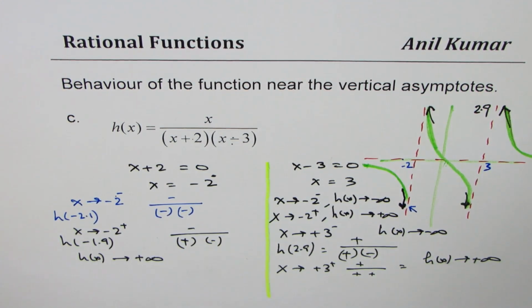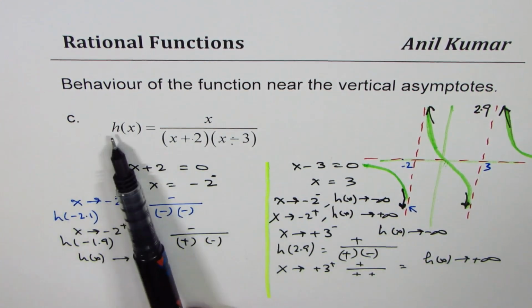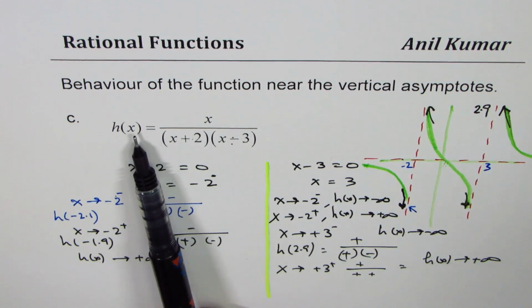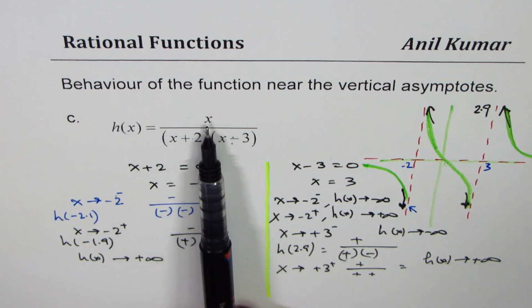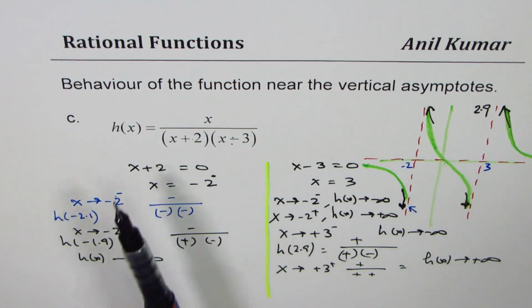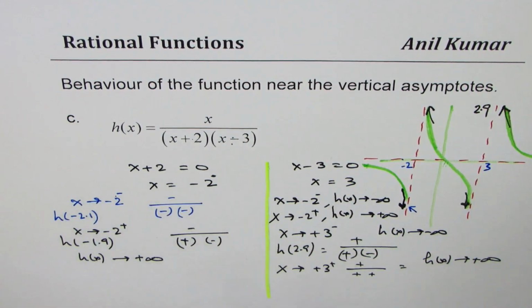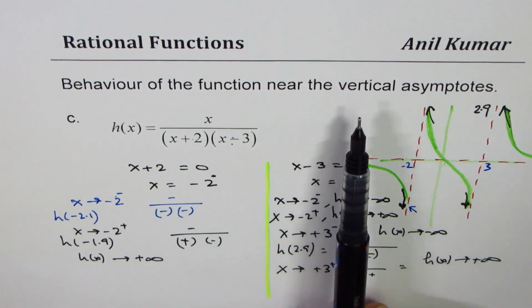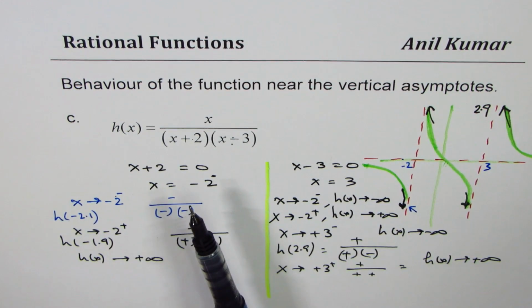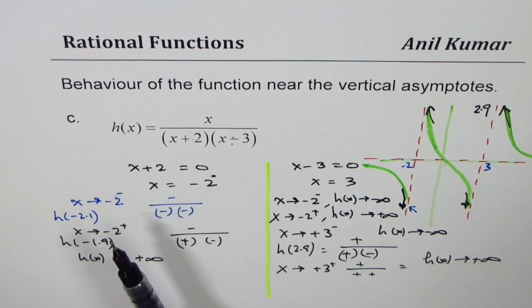The reason is very simple: horizontal asymptote is defined at large values of x, not in between, right? That's the reason. Anyway, our concentration is on vertical asymptotes, and I hope with the help of these three examples, we have understood how to find the behavior of the function near the asymptotes. Thank you, and all the best.